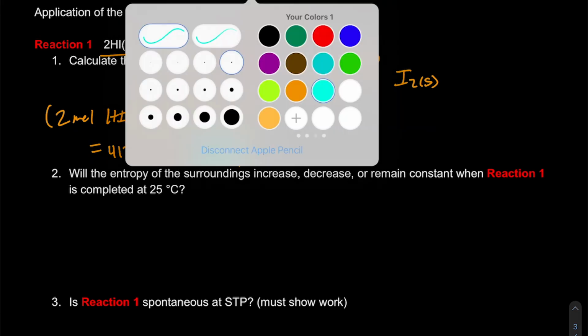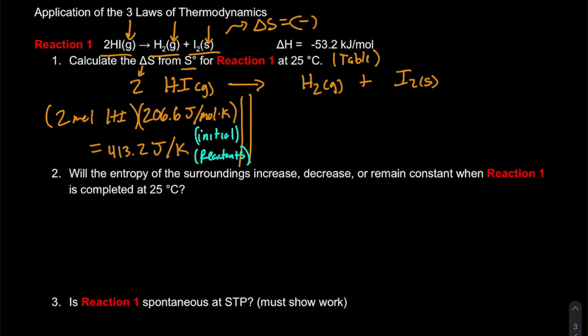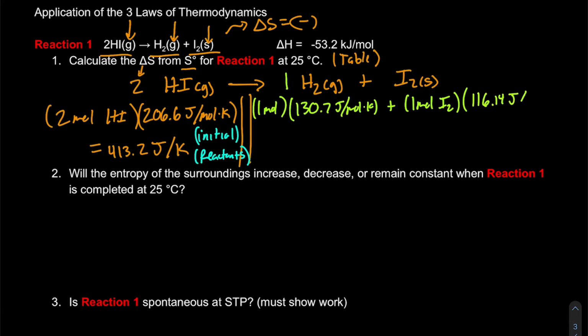Let's figure out how much we end up with in our products. For H2, we go to a table and find it's 130.7 joules per mole Kelvin, and we have 1 mole of H2. We also have 1 mole of I2, and we find that I2 as a solid is 116.14 joules per mole Kelvin.